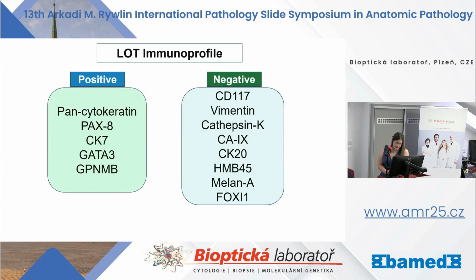If you use immunohistochemistry, most significant is the diffuse positivity of CK7, which is in opposition to renal oncocytoma, which is typically CK7 negative. And on the other hand, negativity of CD117. From other markers, you can use GATA3, once again, relatively high sensitivity but low specificity, and from newer markers, GPNMB helps, I think.